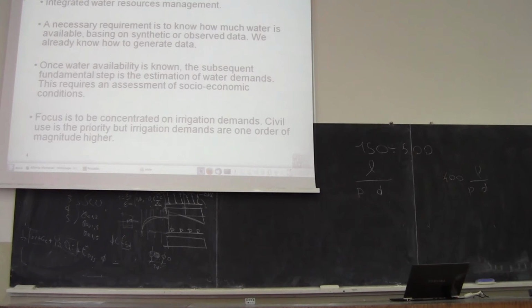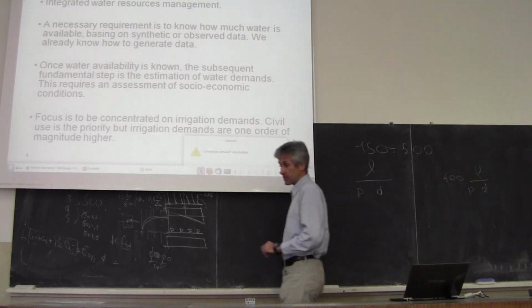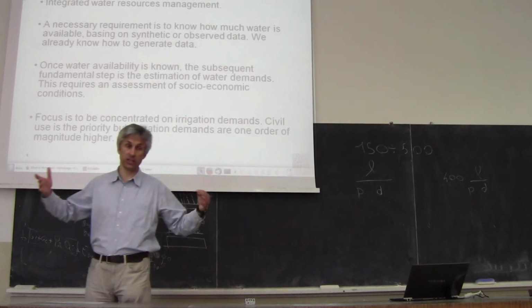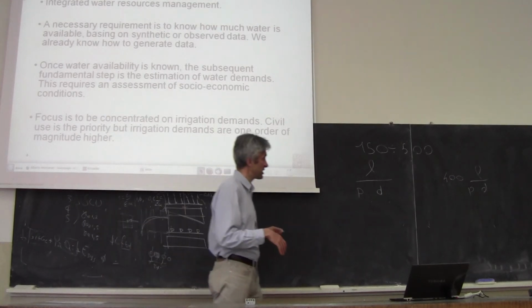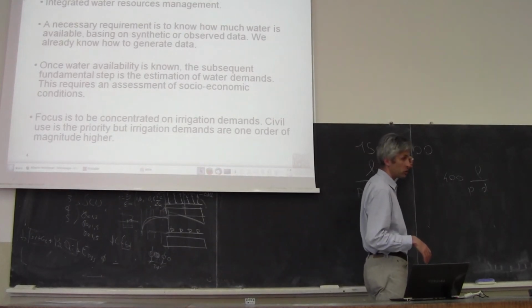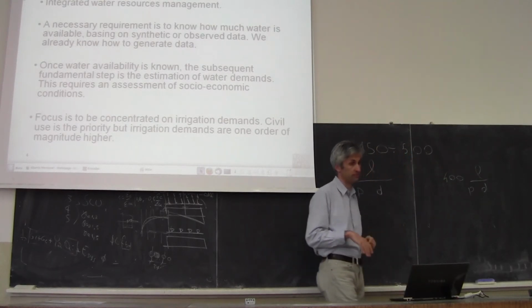If you have a small town, you perfectly know what is the water demand at each hour of the day. So the management is very efficient. With increasing size of the water supply system, you have leakages, therefore water losses, and inefficient management. So basically, you shift towards the upper value of this range.